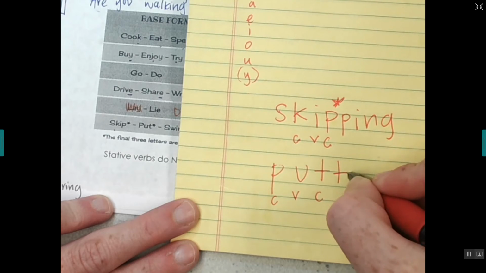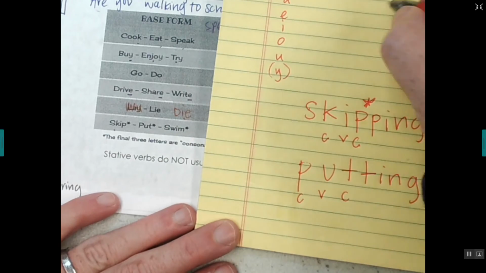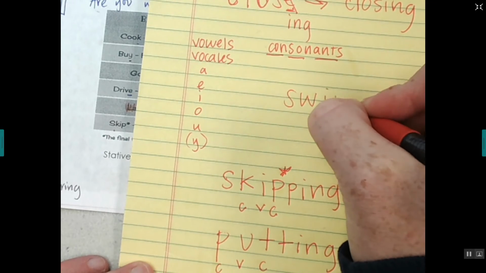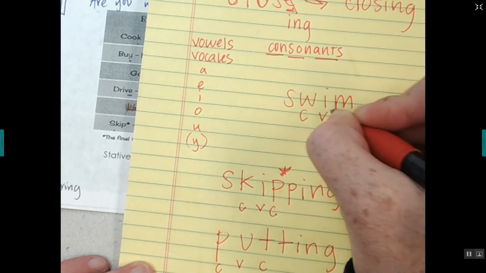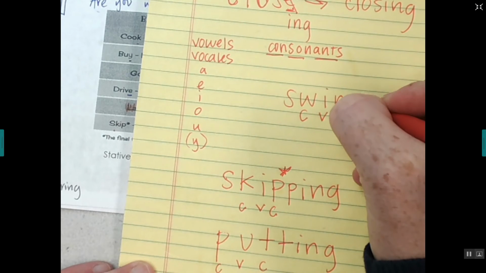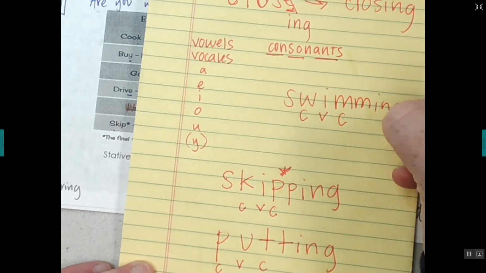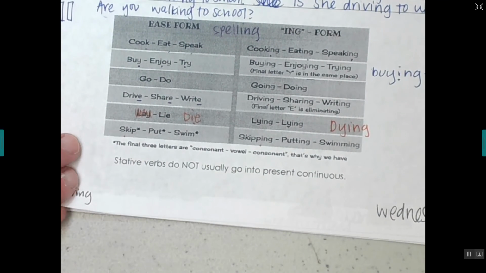Okay? So then we double the T and then add the ing. Swimming. S, W, I, M. Okay? So consonant, I is a vowel, M is a consonant. So you double the M, the last consonant, and then you add the ing. Okay? So that's kind of a tricky one.